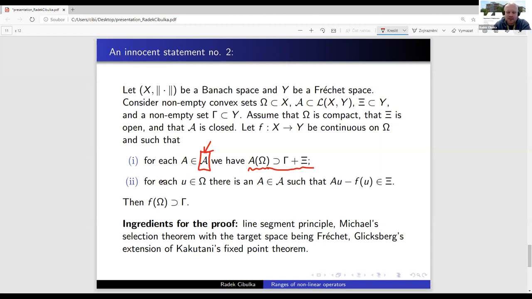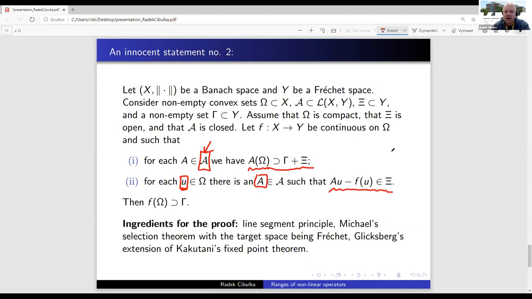And the thing is that your error is now dependent on you. So you give me a point, and I have to find one approximating operator in such a way that I satisfy the error request.